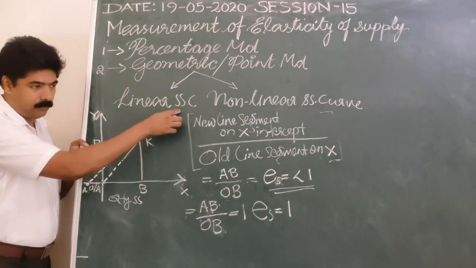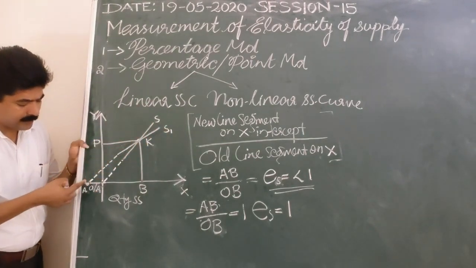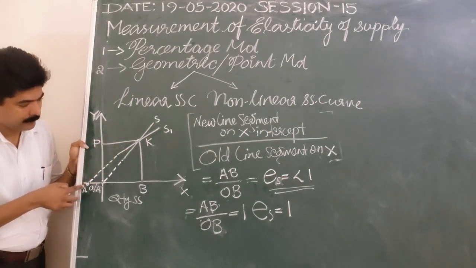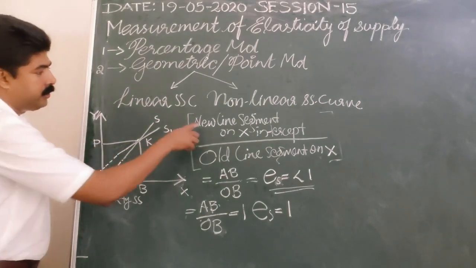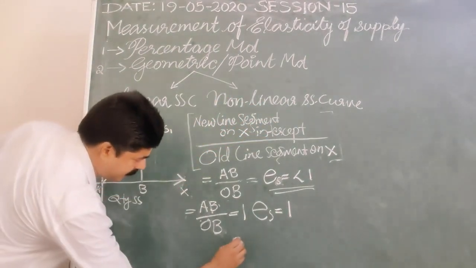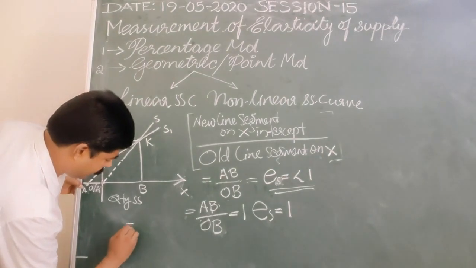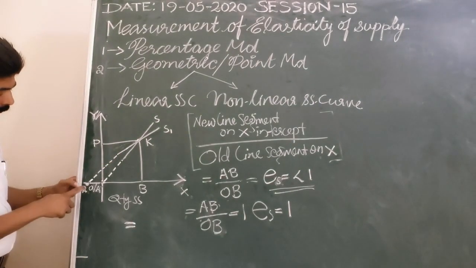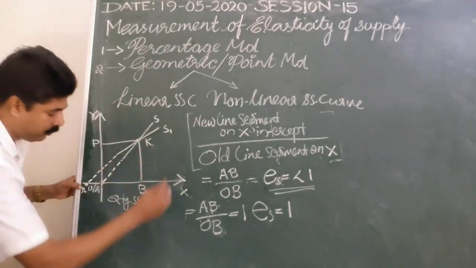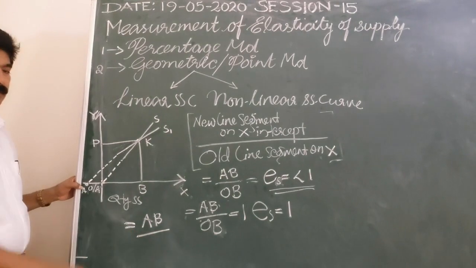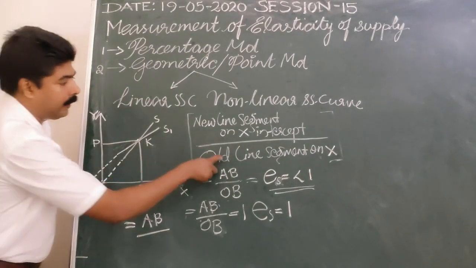Linear supply curve. Extend the line towards the x-axis. So it crosses the y-axis and reaches x. Now you can find the new line segment on the x-intercept. So we will write, what is the new line segment? New line segment is AB. So we will write AB upon the old line segment.